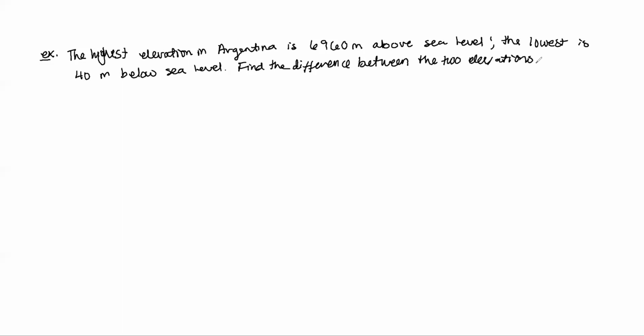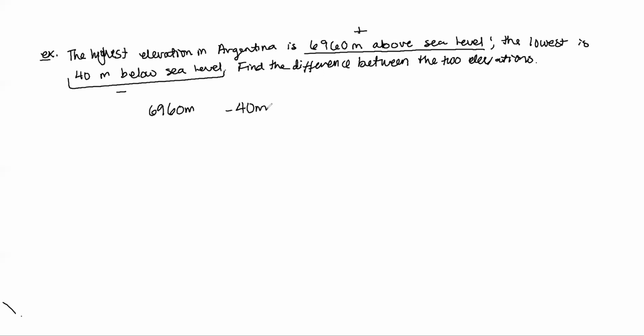All right, so this one sounds a little bit trickier than it is. We're given that the highest elevation is 6,960 meters above sea level, so that's going to be positive. The lowest elevation is 40 meters below sea level, so this is negative. So we have a positive 6,960 meters, and a negative 40 meters.